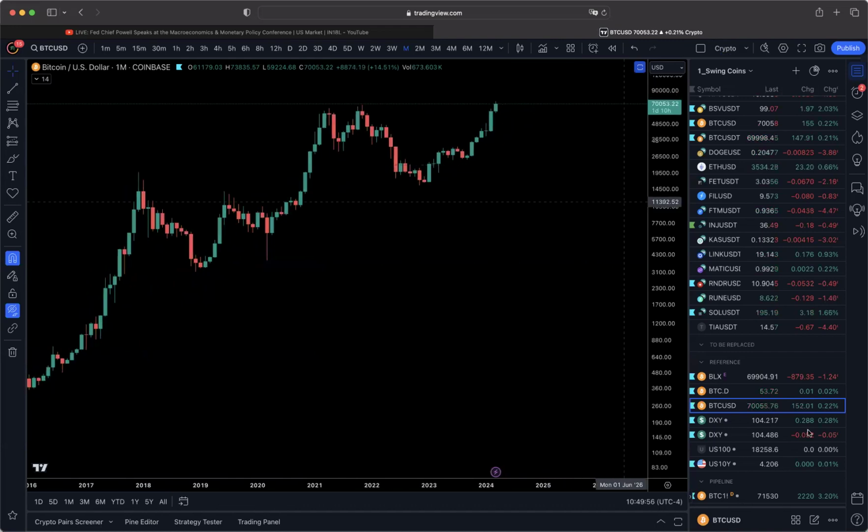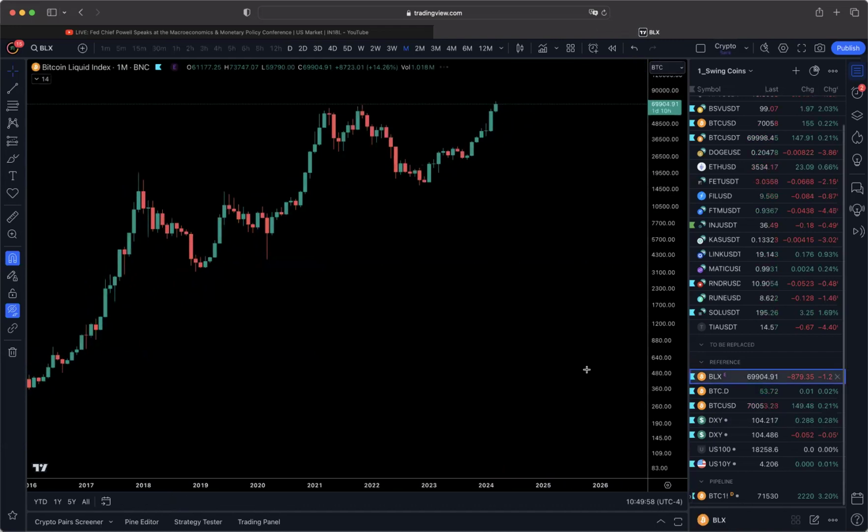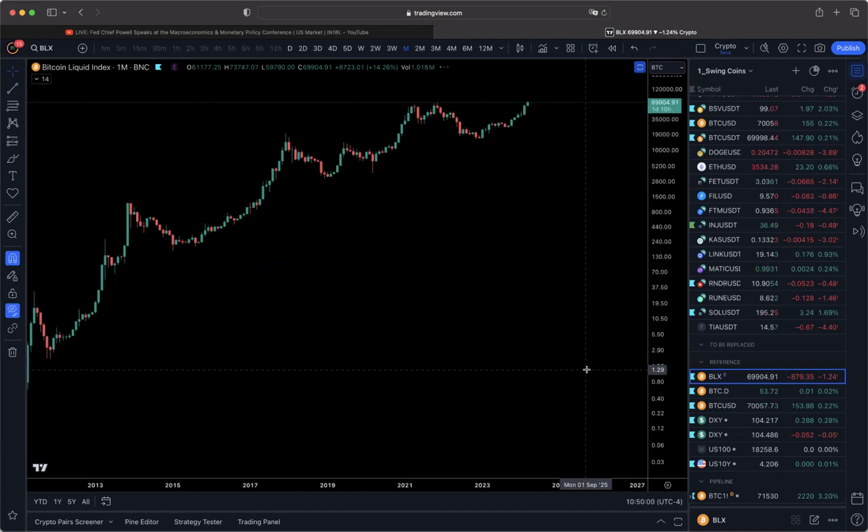What else? BLX has a longer history now. So this leg could extend higher for sure. Why not? 100K plus, why not? And we are going to track it, because once it goes into all-time high, you know that there is no reference point. When it is under a certain high, there are references because you have resistance.